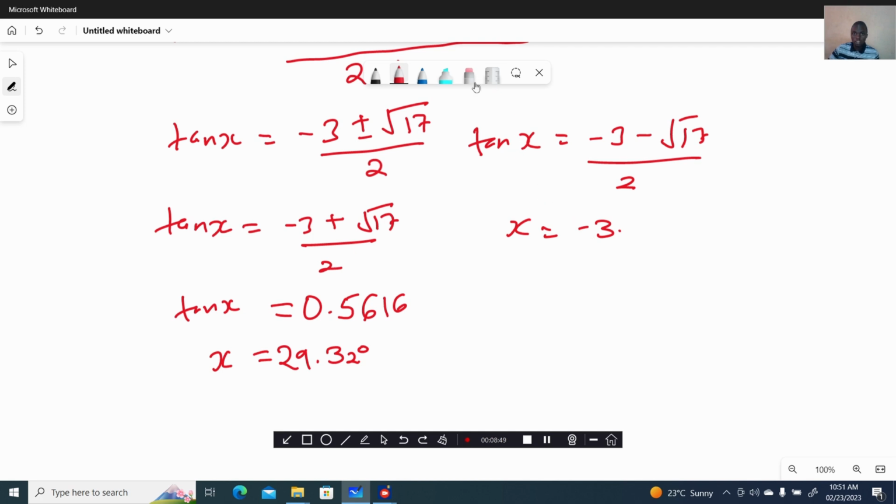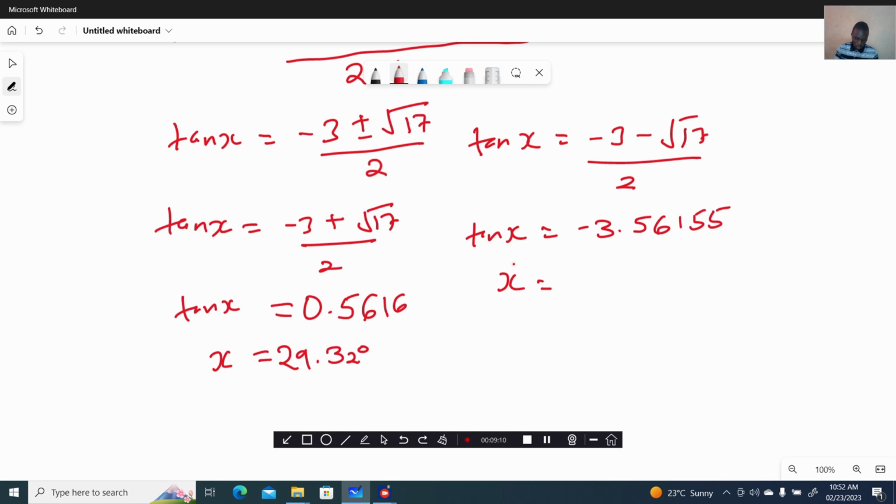This is not the value of x, this is the value of tan x. I'm sorry for writing that. So the value of x will be the inverse tan of that.